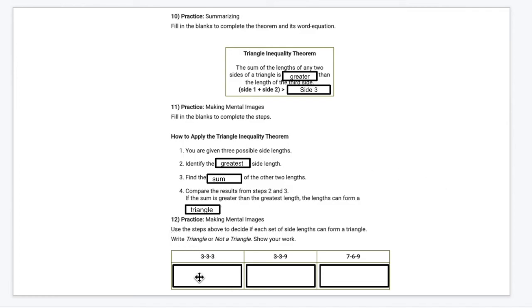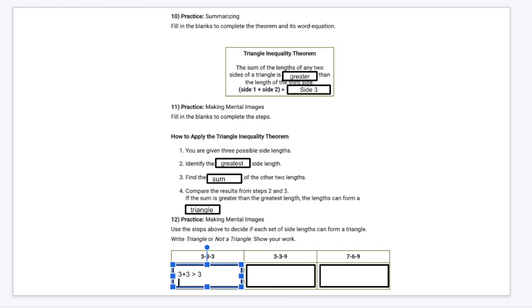So let's look at this. We want to determine whether or not these three side lengths that we're given can form a triangle, right? And so the first thing that we want to do is identify the greatest side length. In this case, they're all the same, so it doesn't matter which one I choose. So I'm just going to choose the first one, 3, and I want the other two sides, 3 and 3, to be greater than that third side, 3.